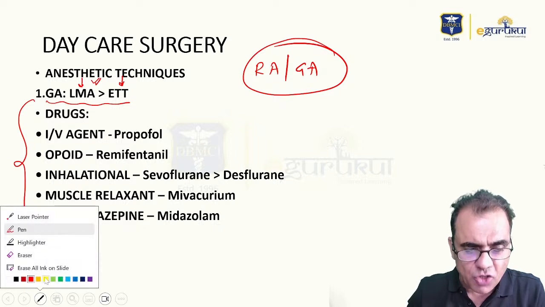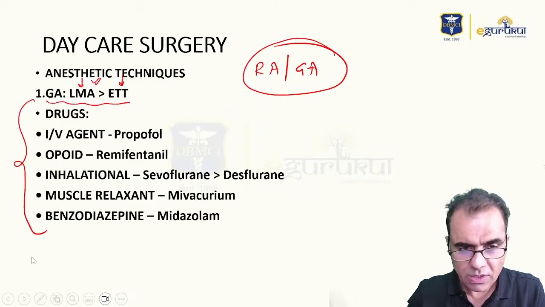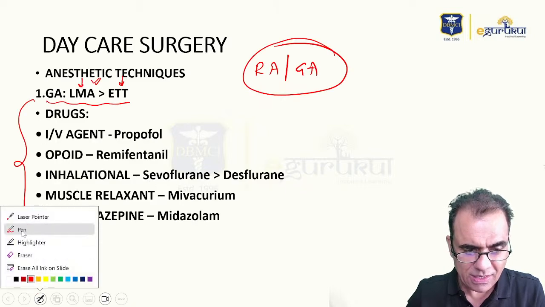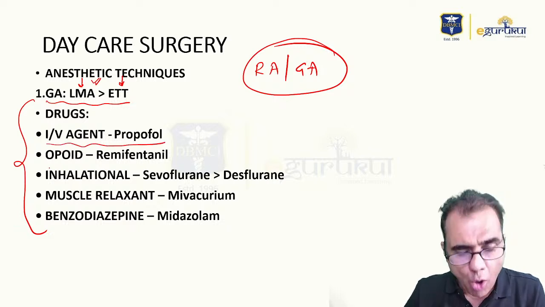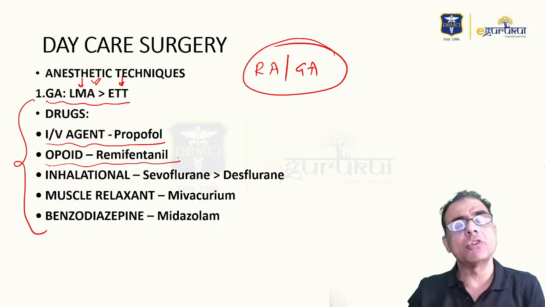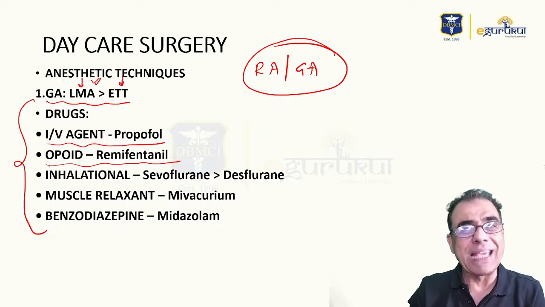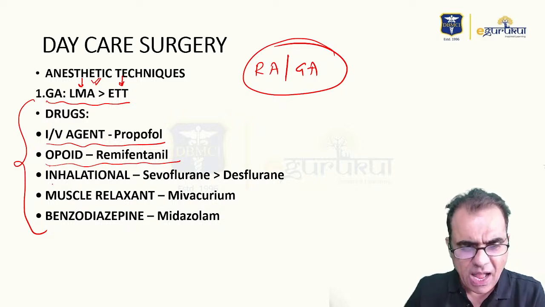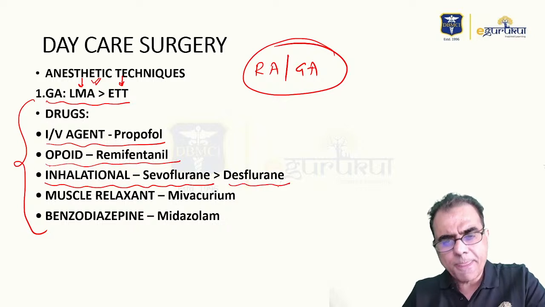IV agent of choice for daycare surgery is propofol. Opioid of choice is remifentanil, because you know that remifentanil is metabolized by plasma RBC esterases. Inhalation agent of choice is sevoflurane, preferred over desflurane.